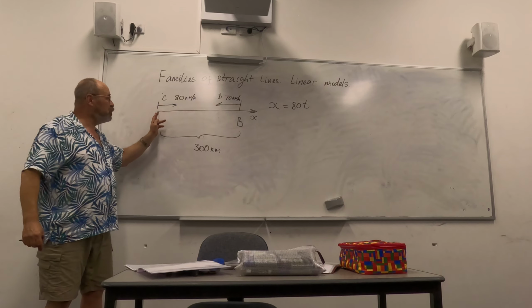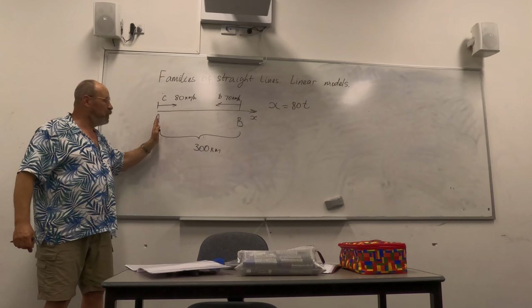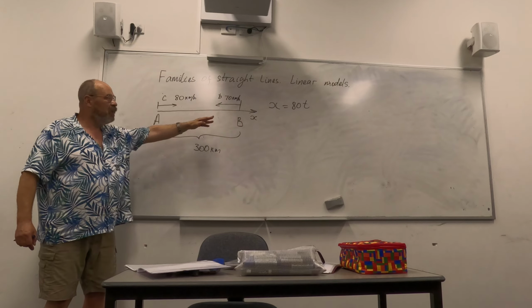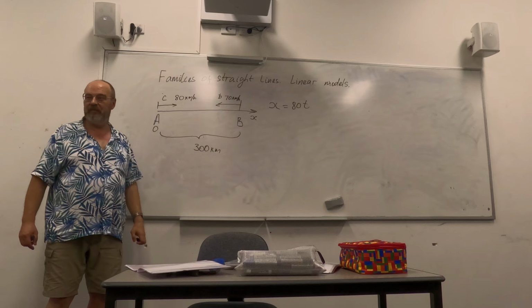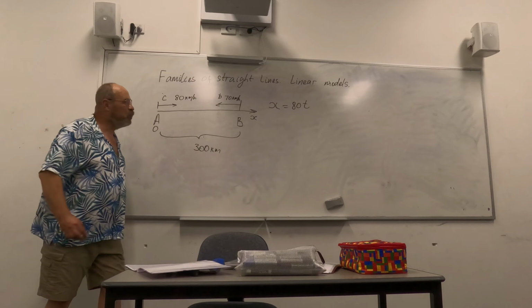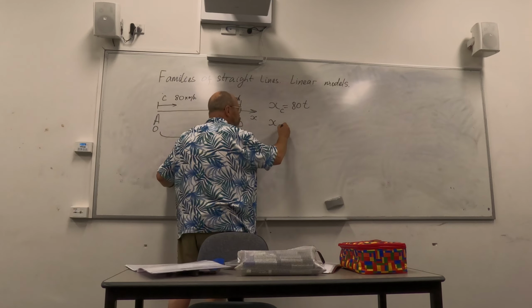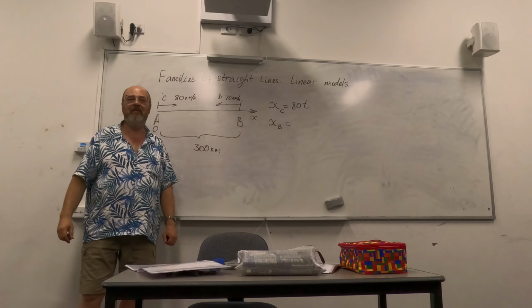The x position of the car moving from A, where we take its position as 0, at any given time will be its speed times time. Make sense? Now, this is the equation for x car. For x bus, what will be the equation of the motion of the bus? 70 t.